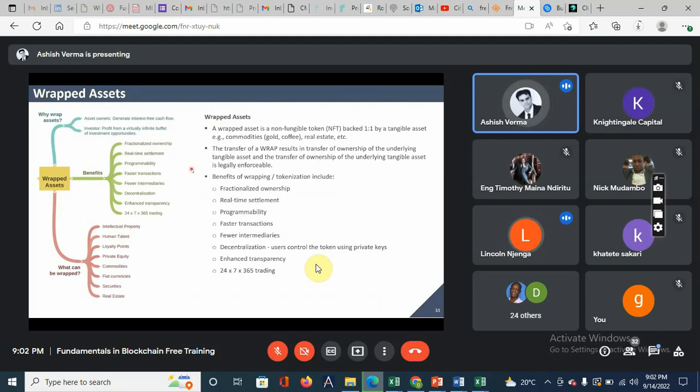So you wrap that 1 kg of gold into coins, and then you issue those coins on the blockchain. On that blockchain, you can then write any kind of smart contract. So you have to take the physical asset first and wrap it. Once wrapping is done, then you can start writing a smart contract on it.